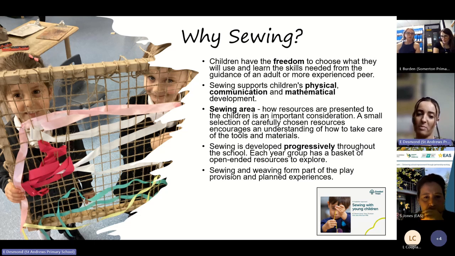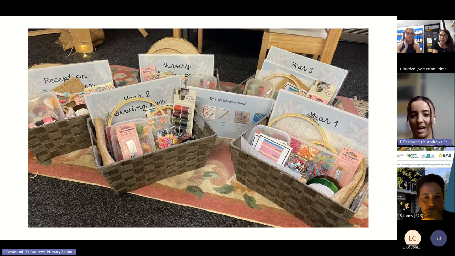And then we've made it develop and progress as we go through the year groups, so there are different sewing skills we'd expect to see in each year group. And these are used as part of our play-based experiences or as planned opportunities. So these are examples of our little sewing boxes. Nursery to year 3 all have a sewing box, and we've made sure that they're progressive in the expectations, the resources that are in them, and so on.